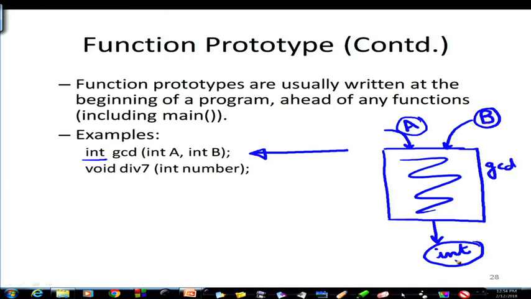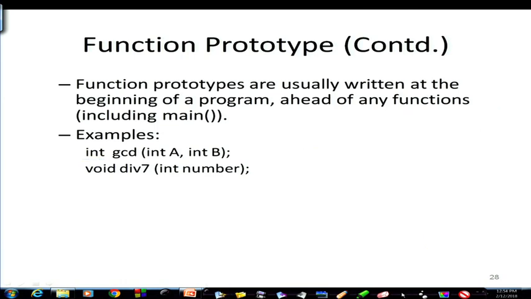So, I will expect whenever GCD will come, I will allocate two integer space for that and one return facility should be there. Similarly, let us look at the second one, div 7 int number.